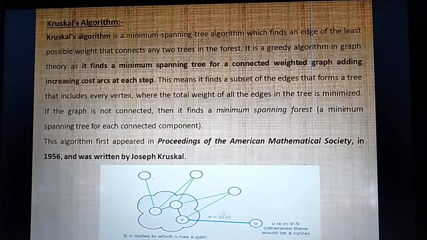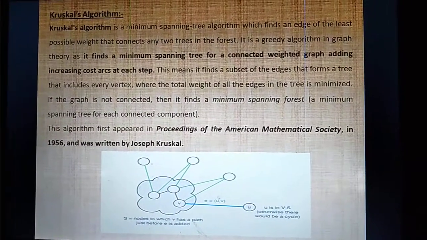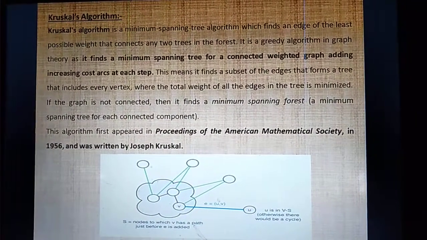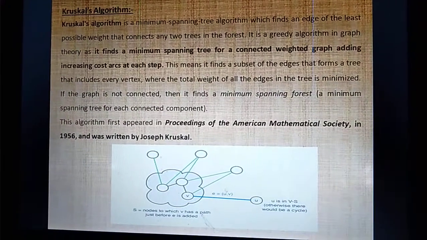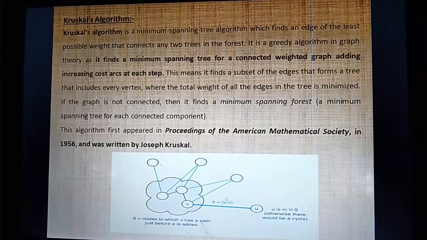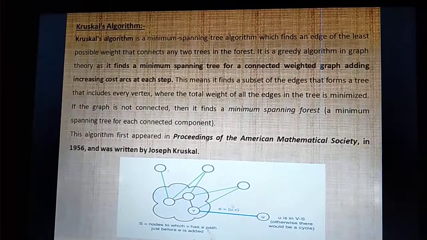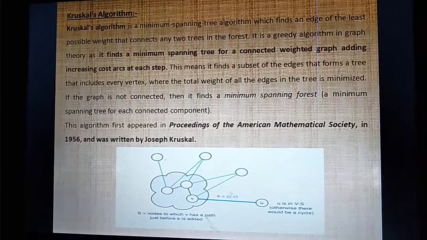Now, the second algorithm, that is Kruskal's algorithm. It is again a minimum spanning tree algorithm, and this algorithm finds an edge of the least possible weight that connects any two trees in the forest. It is also a greedy algorithm in graph theory.